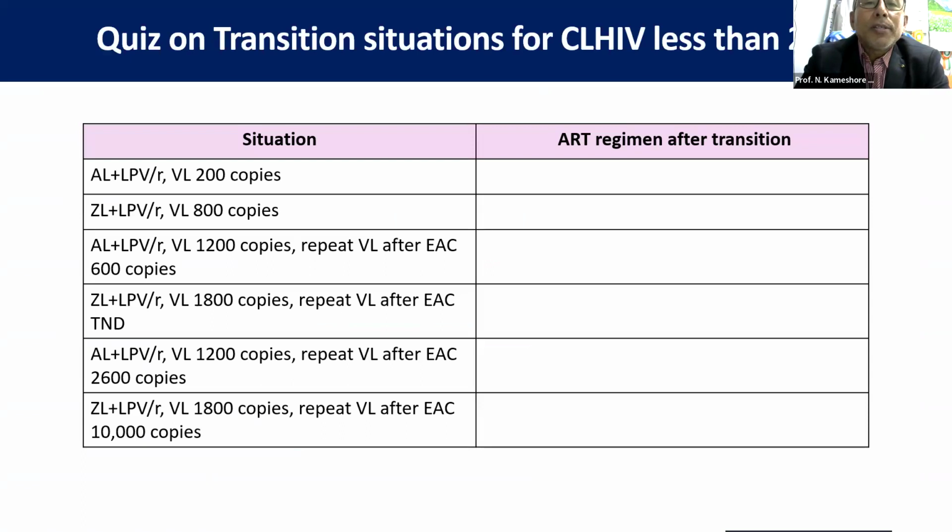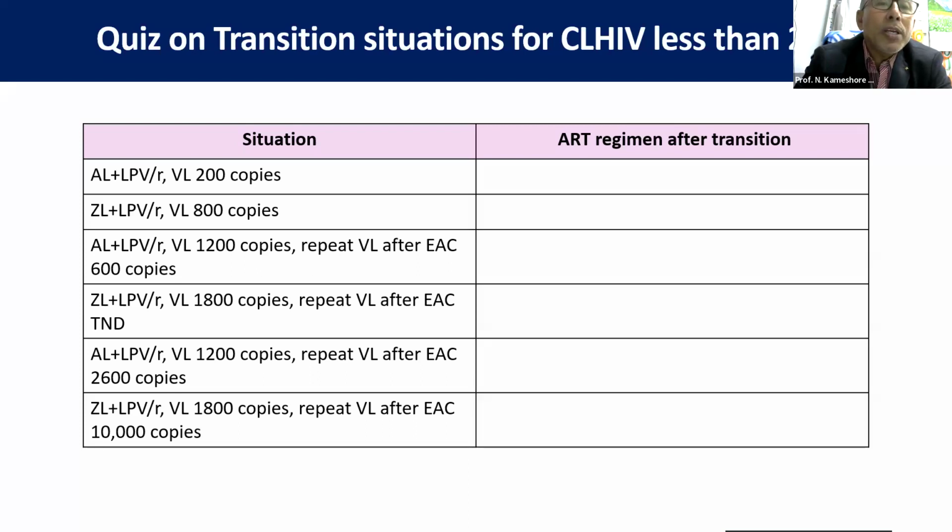So this is something like a quiz on transition of children living with HIV less than 20 kg. Everything has been explained before. Let us see how this can be solved. The situation is abacavir, lamivudine, and lopinavir, ritonavir. Viral load is 200 copies. So what to do?